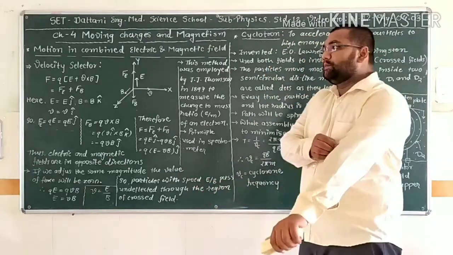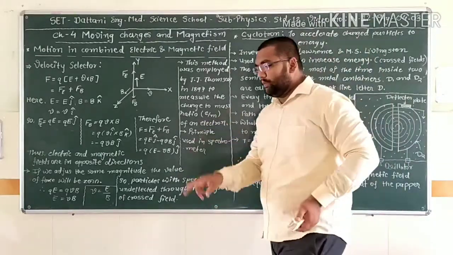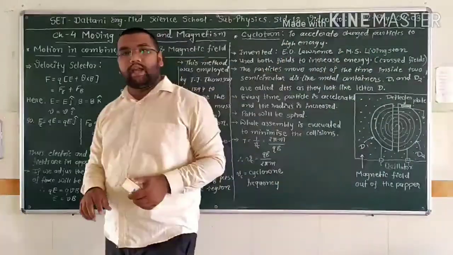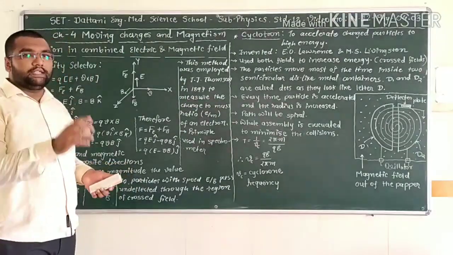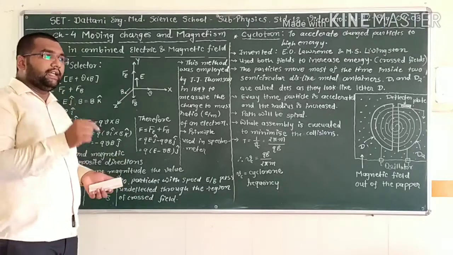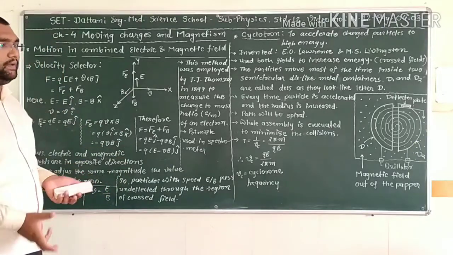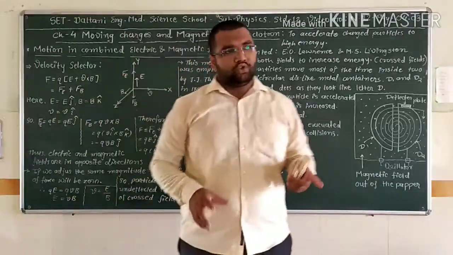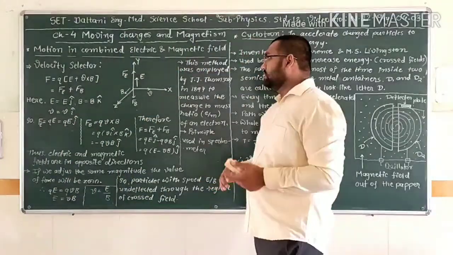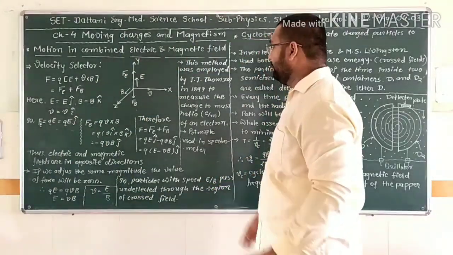In the space where the combination of electric and magnetic field is present, if we put a charge over here, what will be the changes in the motion of the charge? So we are going to learn about that topic.